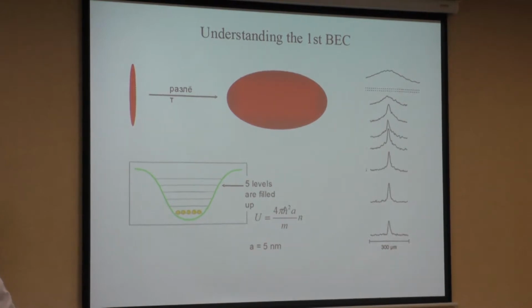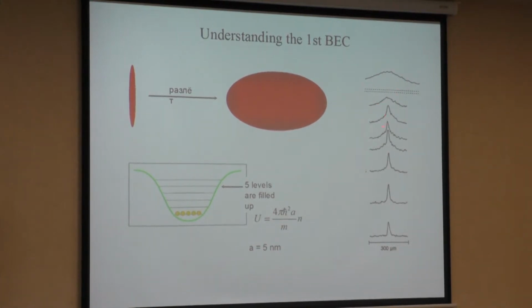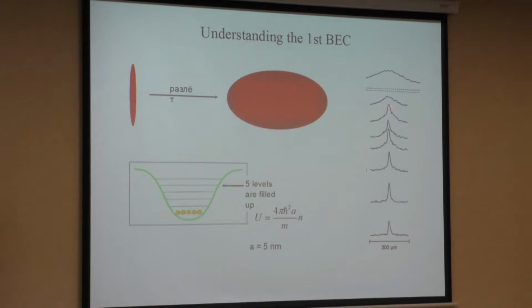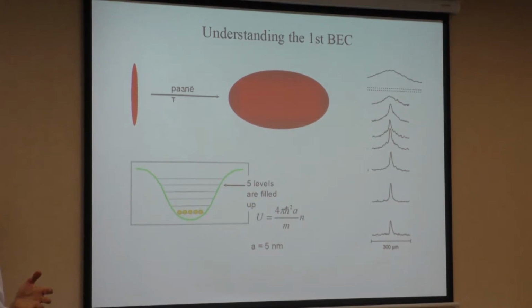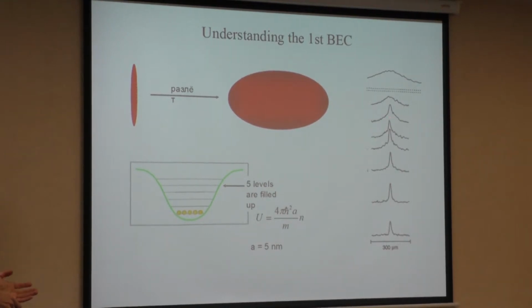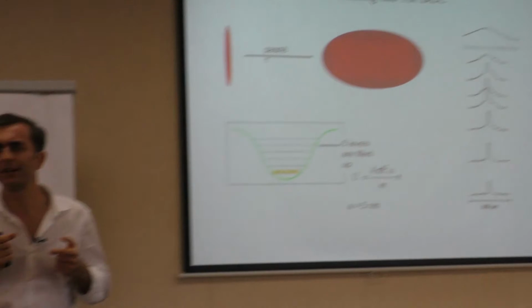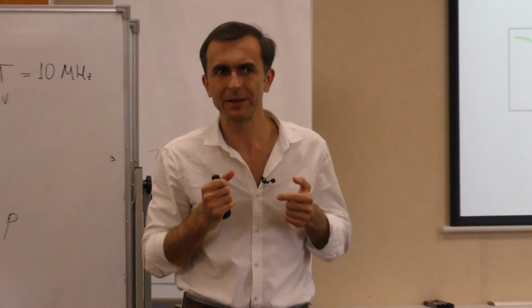The immediate consequence was the appearance of this peak in the expansion of the gas, which means some atoms are expanding with low velocity. And the possible criticism, of course, is that maybe this is a non-equilibrium distribution, and after thermalization, something else could happen.